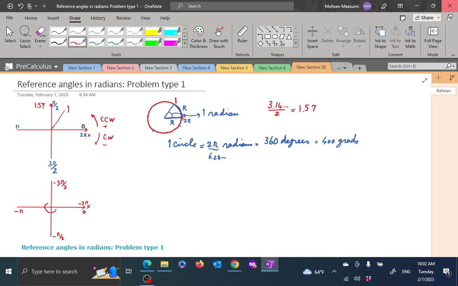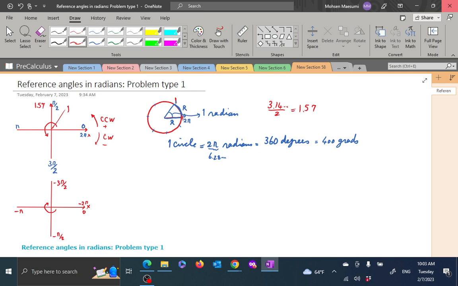So now the direction is clockwise, opposite of this one, which was counterclockwise.